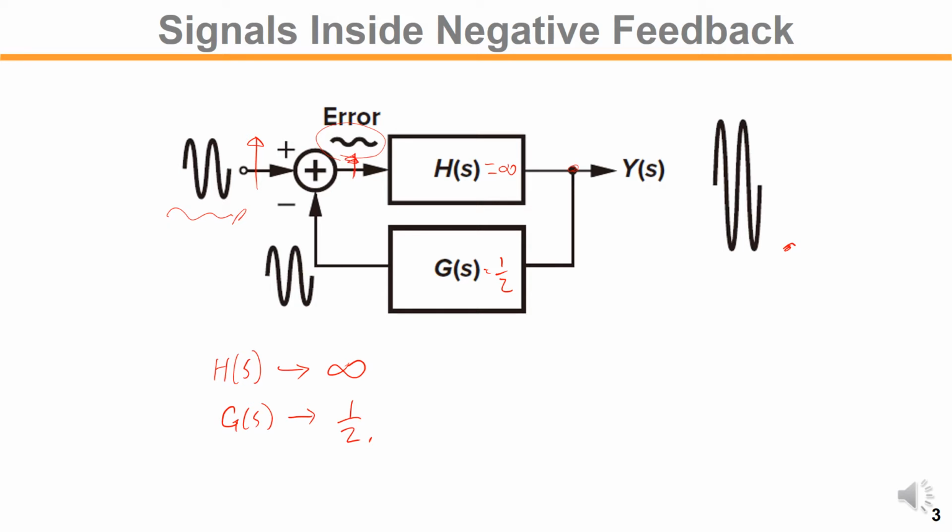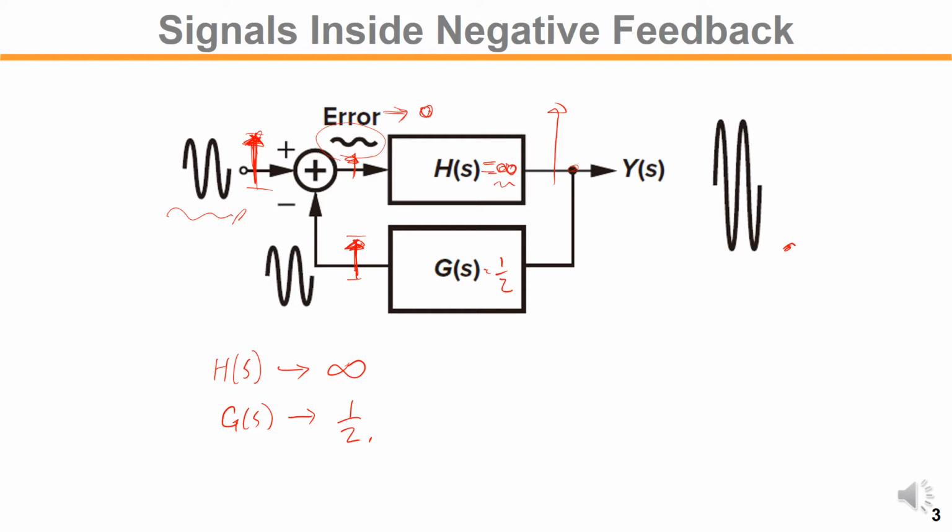And then H of S will make it a very large increase, and only a fraction of the output will come out through G(s) and be subtracted. So these amounts of increase will not match initially, but since we have very large gain at H of S, the only way it will settle to a constant value is that the error approaches zero, so that the feedback signal and the applied reference input are the same. In that case, error approaches zero.